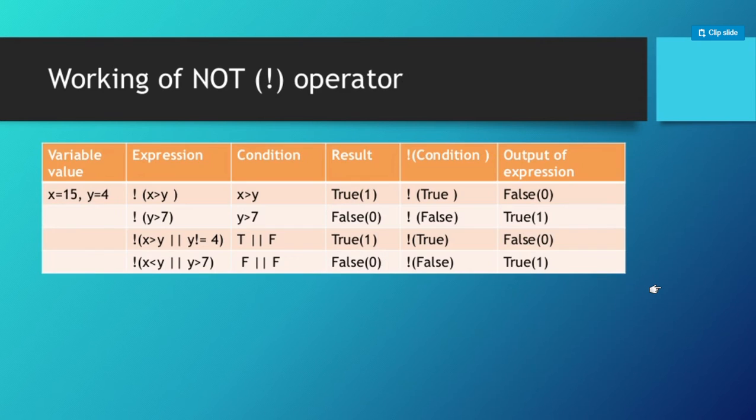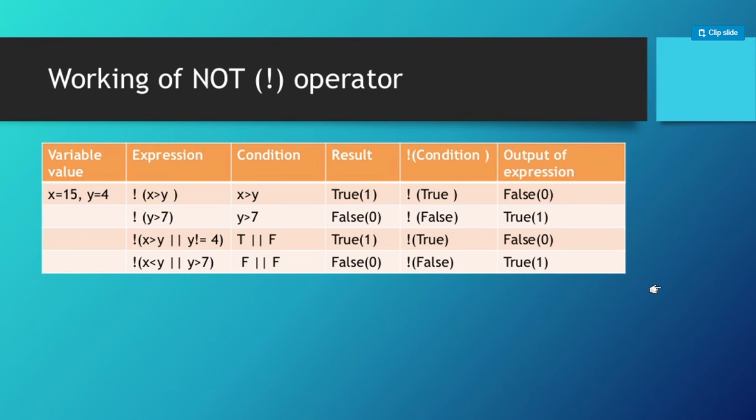When we talk about not, the logical not operator negates or reverses the truth value of the expression following. That means if the expression is true, then the logical not expression becomes false, and vice versa.